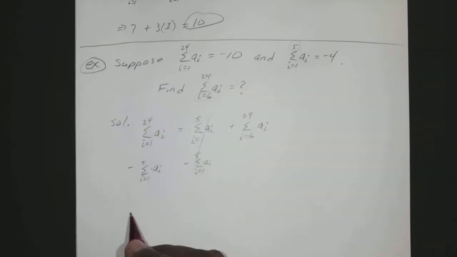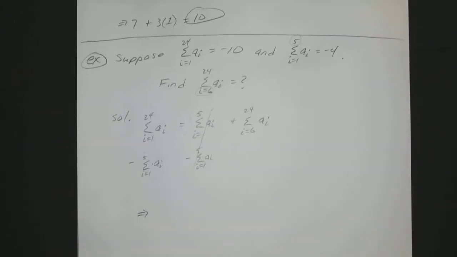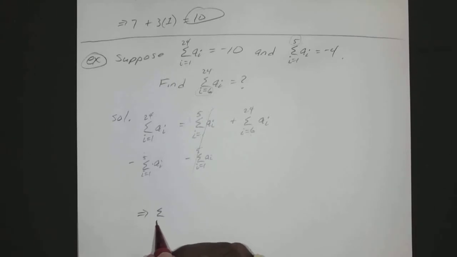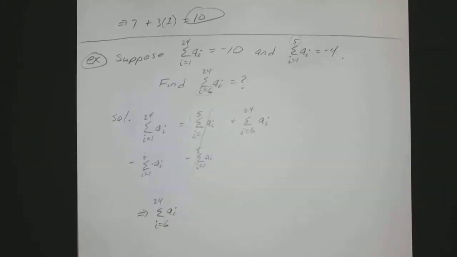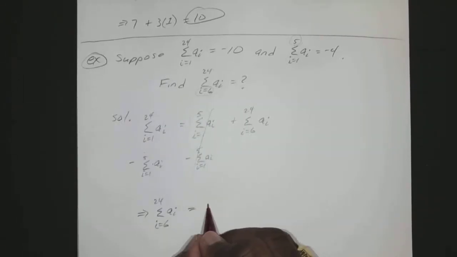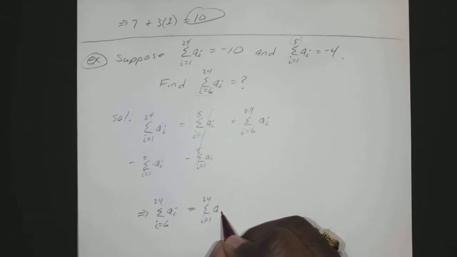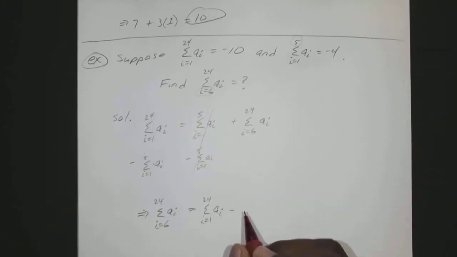Okay, so that gives us, just going to switch them around, the sum from I equals 6 to 24 of a sub I is equal to the sum from I equals 1 to 24 of a sub I minus the sum from 1 to 5.